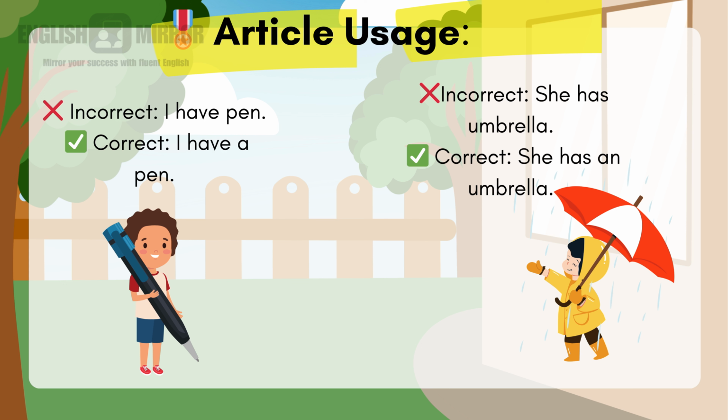Any answers? You got the answers in your mind. Yes, of course, because in front of a vowel sound we use an. Next, we have given the correct sentence. She has umbrella, and the right answer is she has an umbrella.